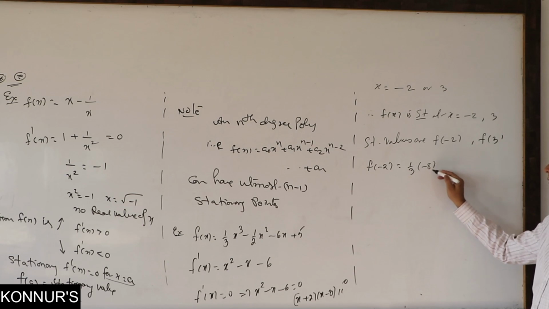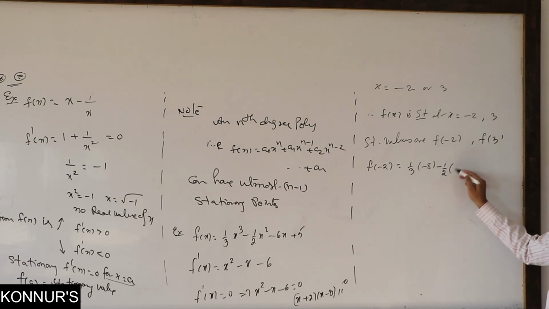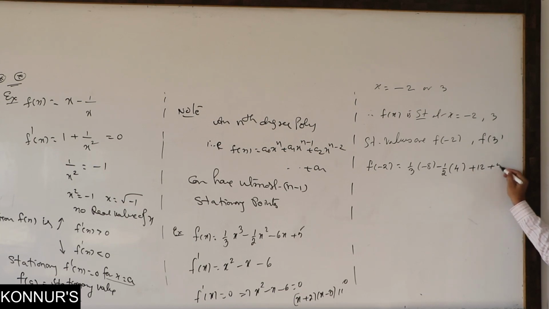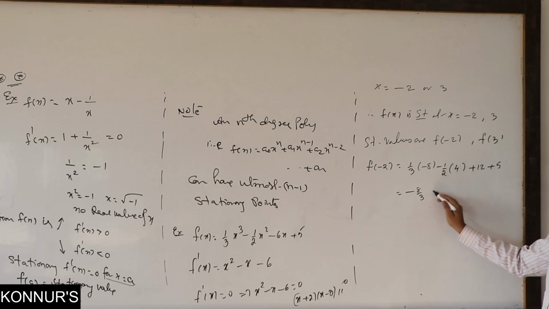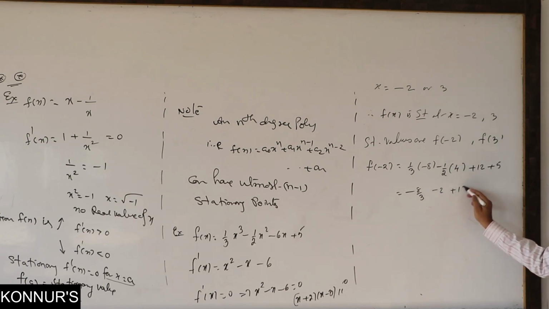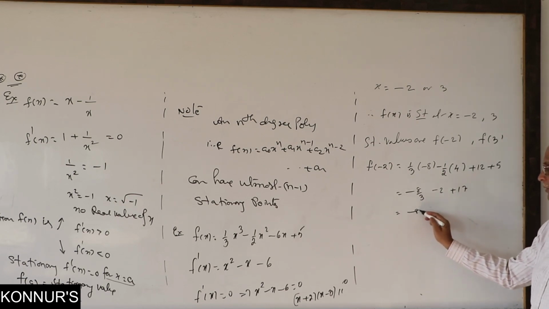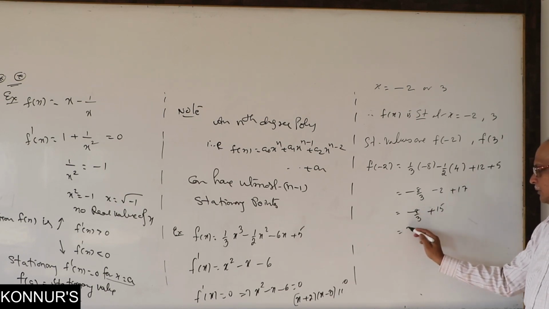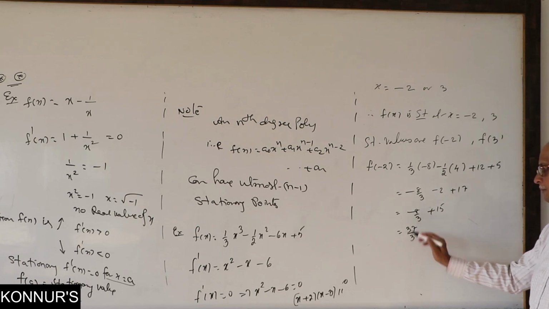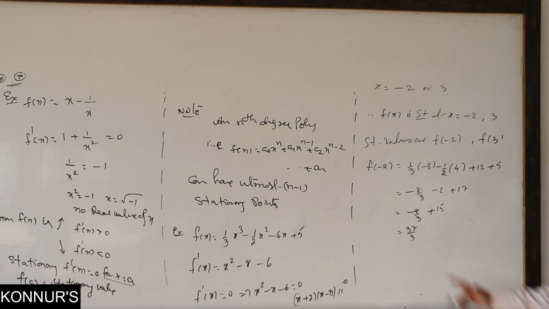Minus 8, minus 4, plus 12, plus 5, minus 8 by 3, here minus 2, 17 minus 8 by 3, 15, 45 minus 8, 37. This is the stationary value.